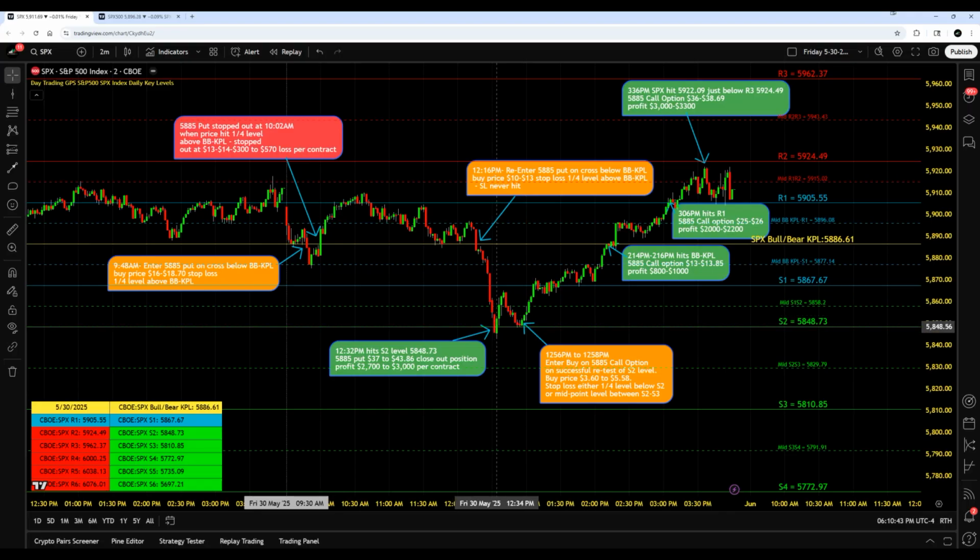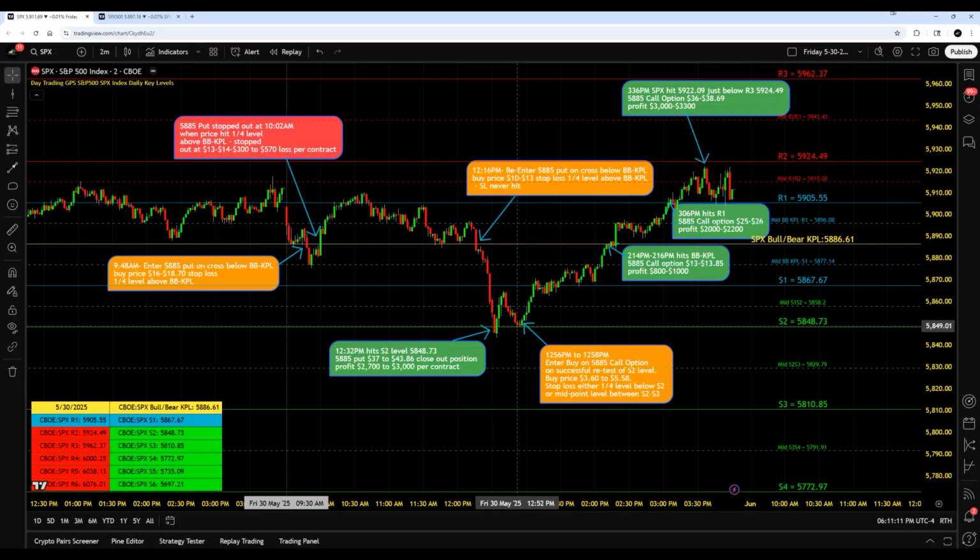In this case, we did get a retrace move back down to test this level again, and this was about 12:58 p.m., about 20-something minutes later. As you can see, we have a flattening out and then a close above.